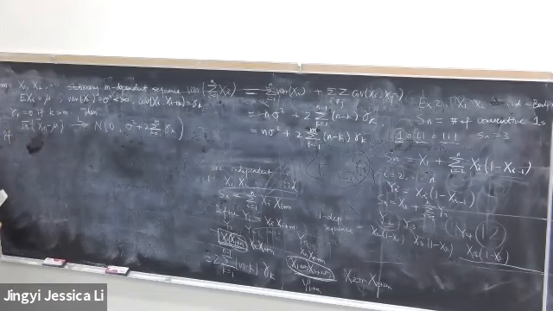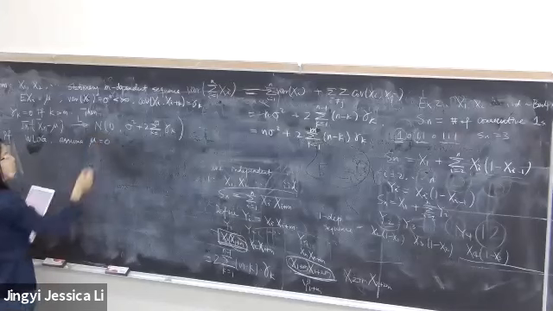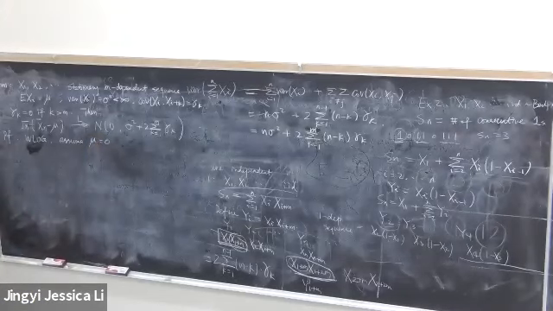First of all, without loss of generality, we assume mu is 0. So we don't need to worry about mu, because if it's not 0, we can always do Xi minus mu to make it centered.